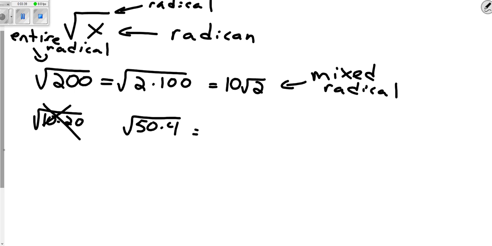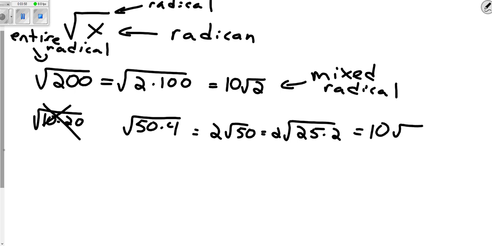So this becomes 2 root 50. We also know that 50 is 25 times 2. What's the square root of 25, guys? 5. So you bring the 5 out, so you go 2 times 5, which would be 10 root 2. It's the same answer, just a few extra steps. So you're not wrong in either route you go, okay? You just got to be careful.